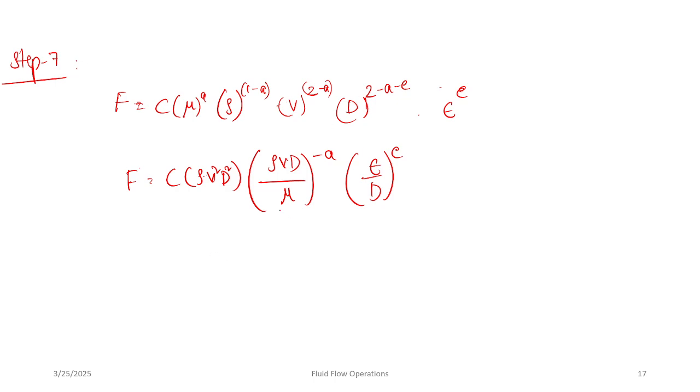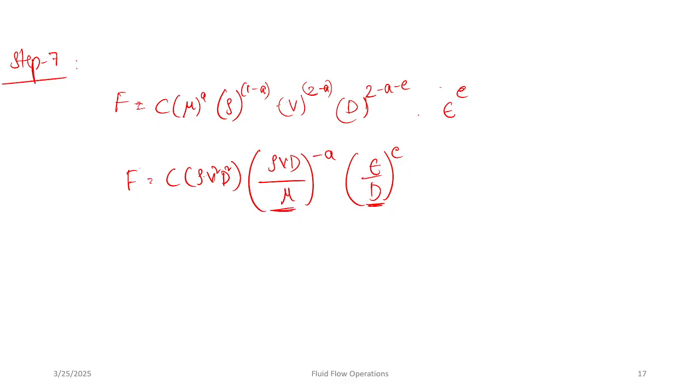Okay, so if you just observe carefully, this is a dimensionless group, and this is also a dimensionless group. So just substitute the units and you'll find out that these are dimensionless groups. Yes or no? Just substitute the units and see if they are dimensionless or if they have any dimensions.